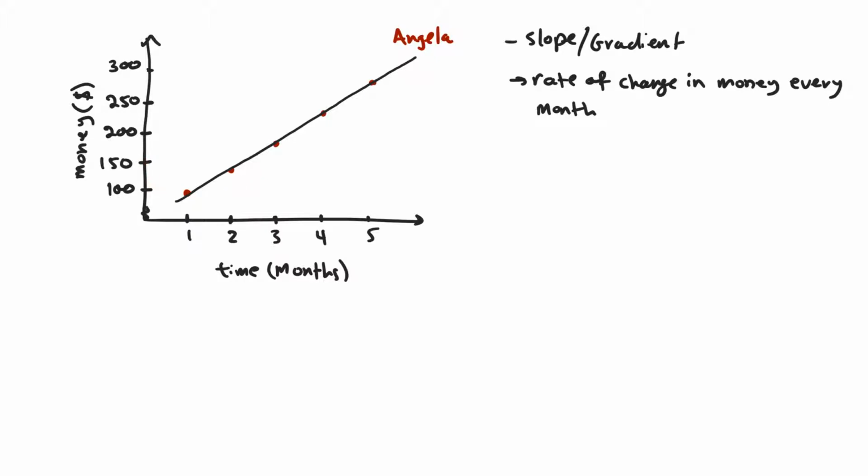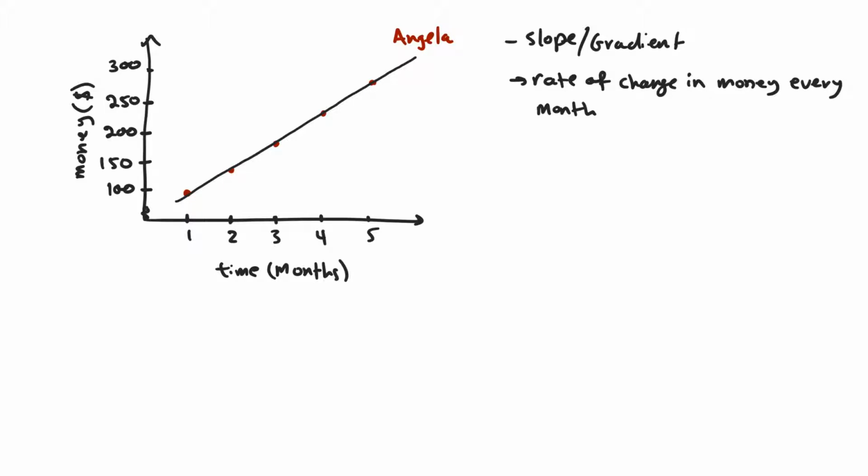So we can easily calculate it by looking at the line and picking points from the line, and in this case all our points lie on the line, so we can use this point. We can see at month 1 she had $100, and in month 2 she has $150. So in 1 month she made $50.